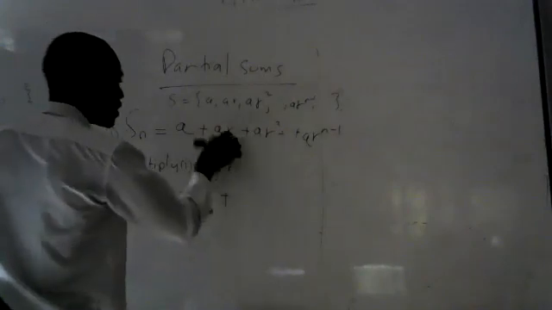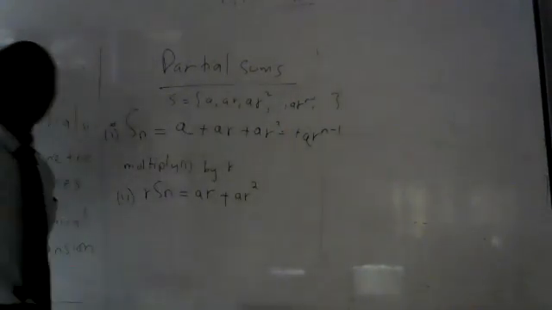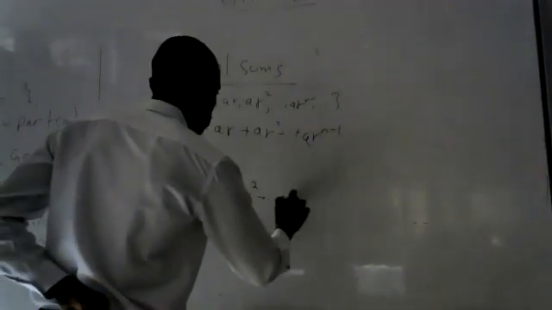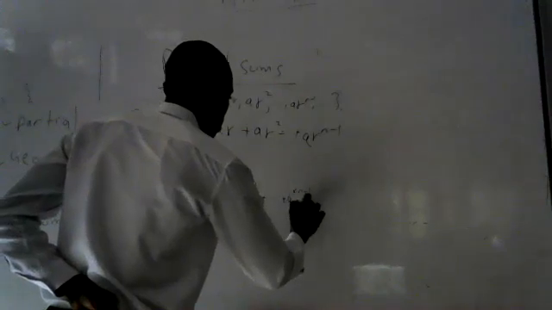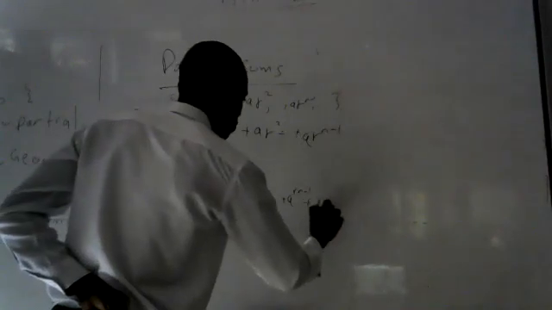And then A times R, that's going to be AR. AR times R, AR squared. I'm just applying the law of summation of exponents all the way to AR to the n minus 1, and then AR to the n minus 1 itself times R should give me AR to the n.